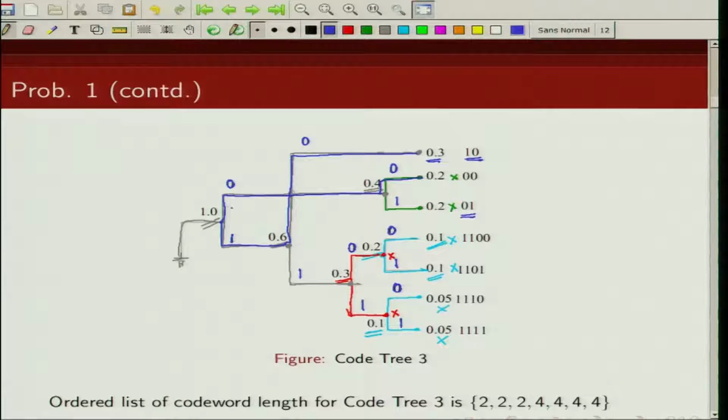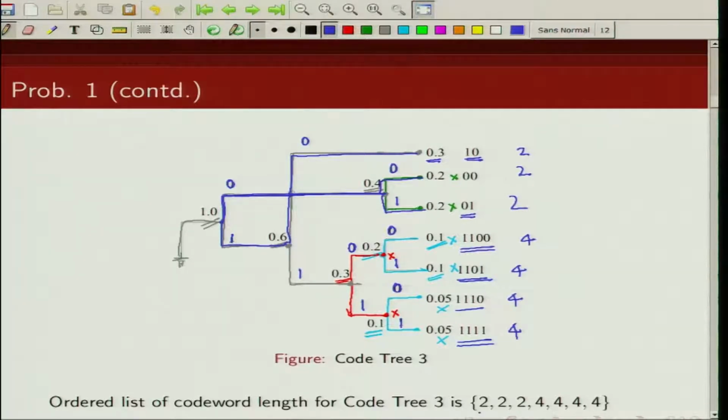This one's code word is 0, 1. Similarly, you can find that this one has code word 1100, 1101, 1110 and 1111. So you can see I have 3 code words of length 2 and I have 4 code words of length 4.